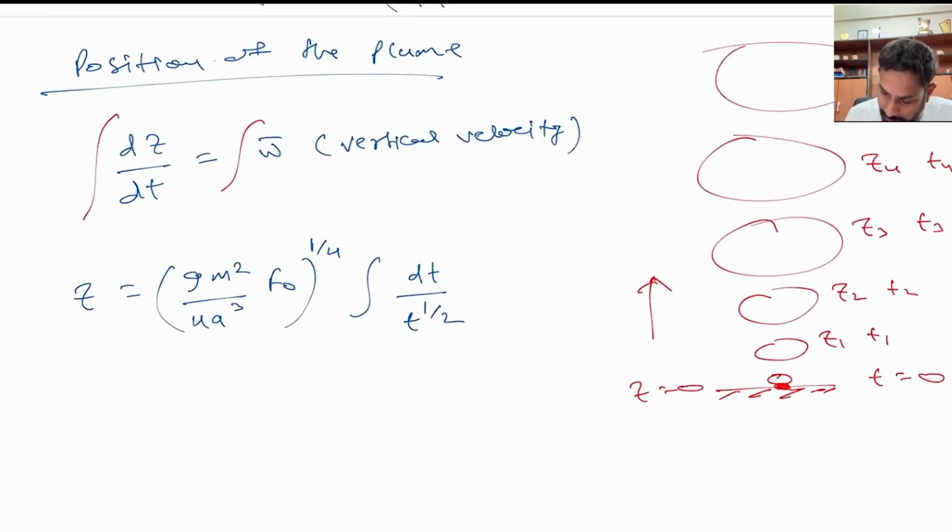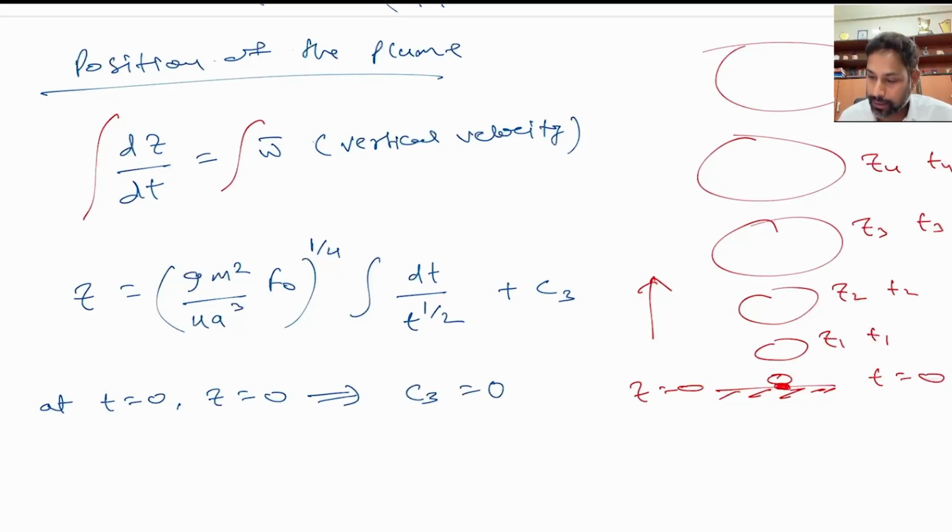If we integrate, we can also assume a constant c3 after integration. At t equal to 0, z is equal to 0, that implies that c3 is equal to 0, right? So we apply that boundary condition, and with that we get z as 36 m squared over a cubed F naught times t to the power 3 by 4.